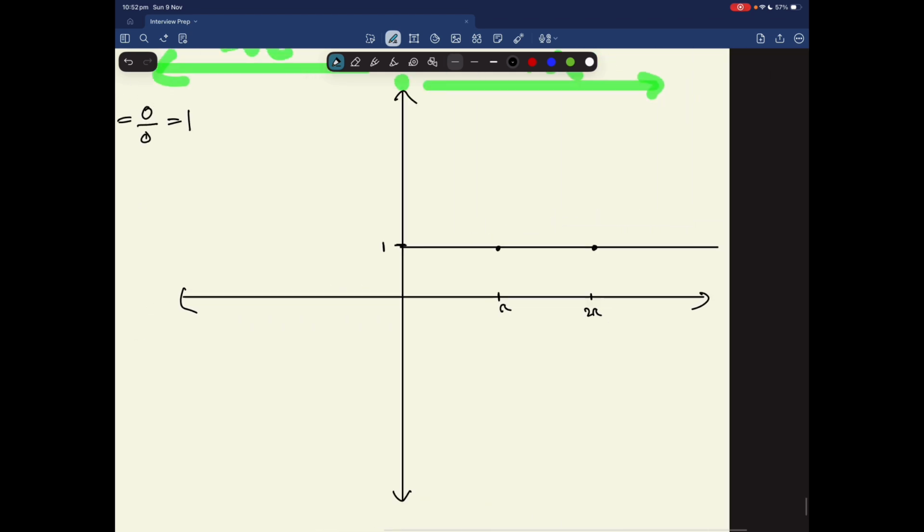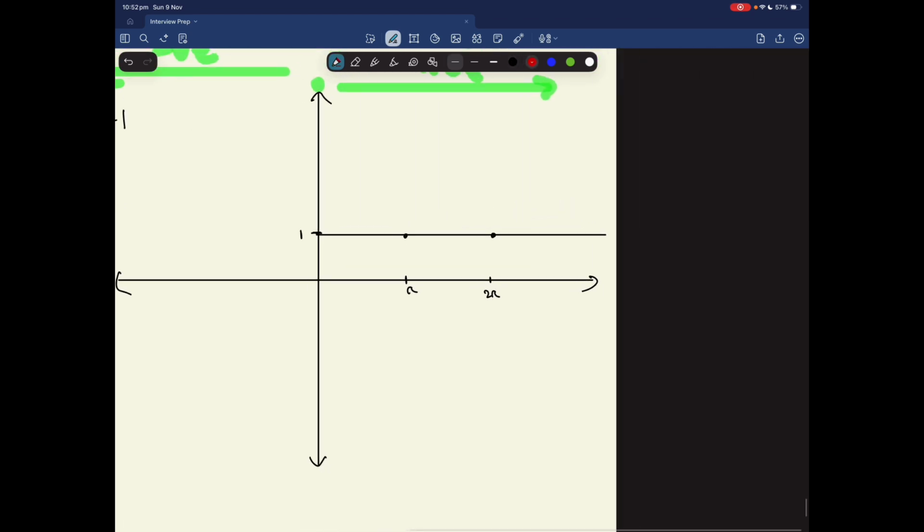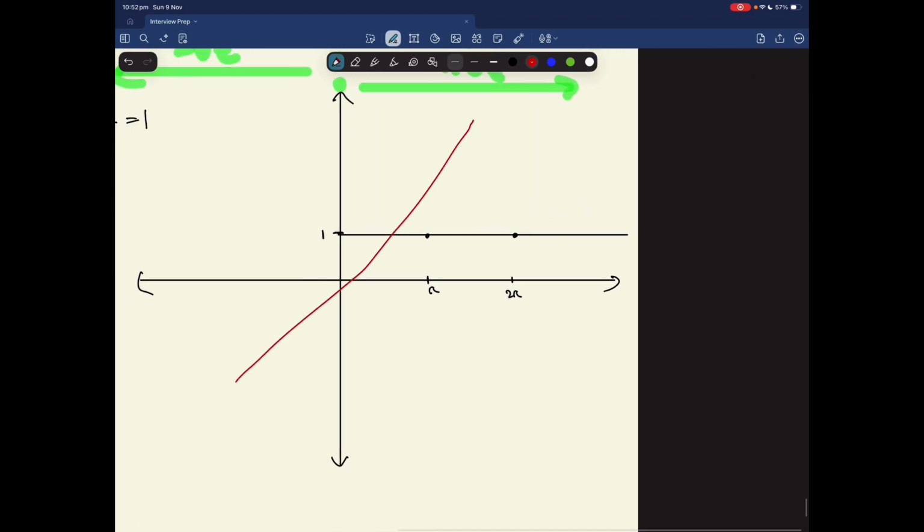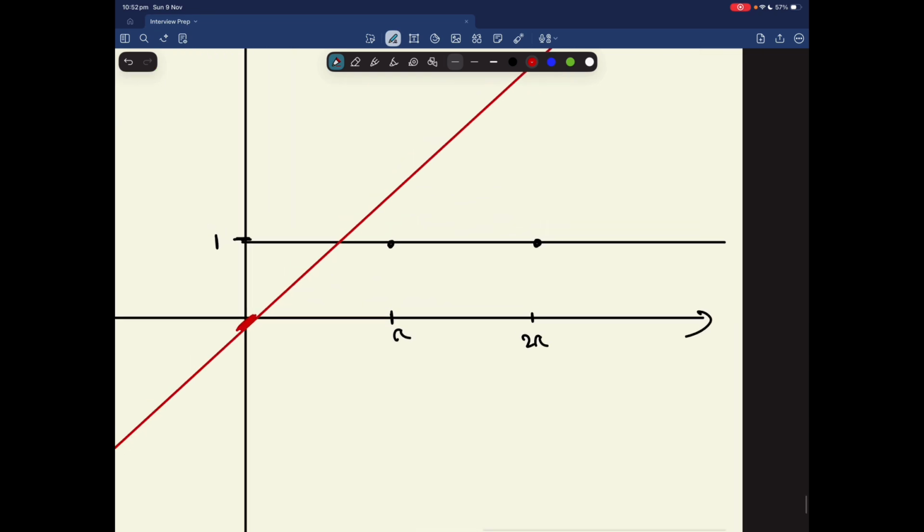So if I drew a separate y equals x graph, say over there, suppose it just goes through the middle. If we drew this graph, every peak of the graph would be on the y equals x line.